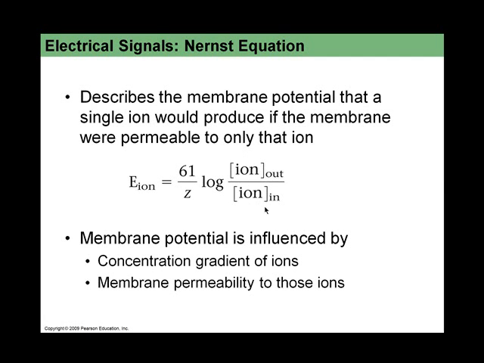We'll get into this in a little more detail as we go through. And then if you have it moving from one location to another, in, out, or out to inside the cell, then it's going to generate a current because you have a charge that's moving, and it can alter the potential difference across the membrane. So this is the basic idea or concept that we want to have in mind.